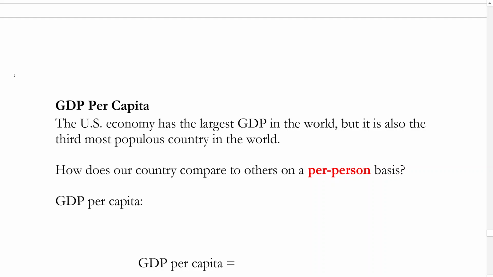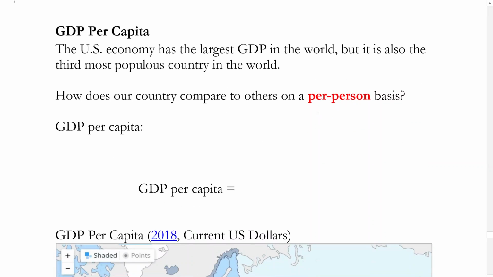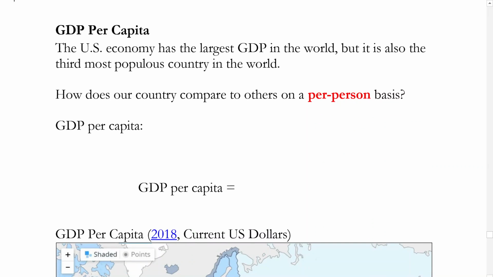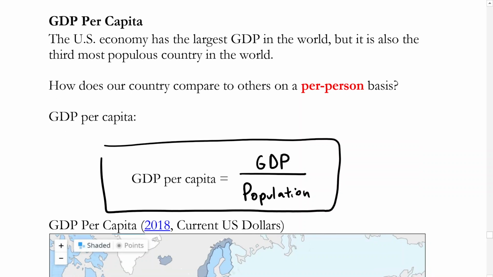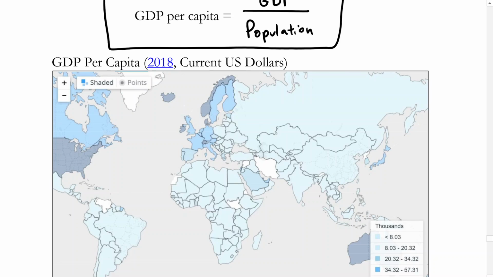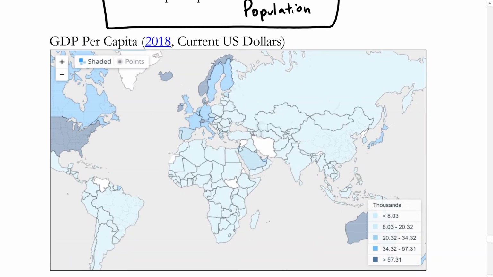China, 2nd largest GDP, most populous. If we want to think about the standard of living in a country, we use real GDP per capita. And GDP per capita is just defined as GDP divided by the population. And if we take that and look at another map of the world, things are going to change quite a bit.